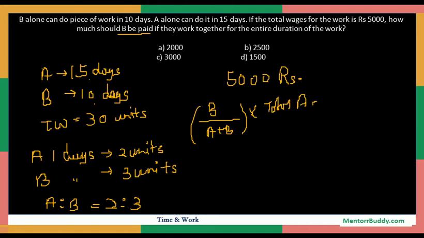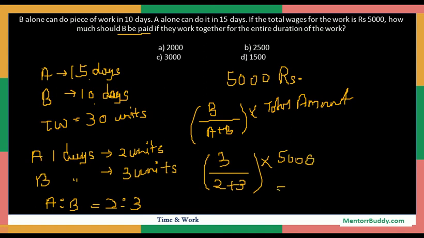Framing these values in this expression, B's share was 3, the total share was 2 plus 3, and the total amount was 5,000. Solving this can be written as 3 by 5 into 5,000. Solving this, 5 will cancel 5,000 by 1,000 times. 1,000 into 3 will be equal to 3,000. So the correct answer is going to be option C, that is 3,000.